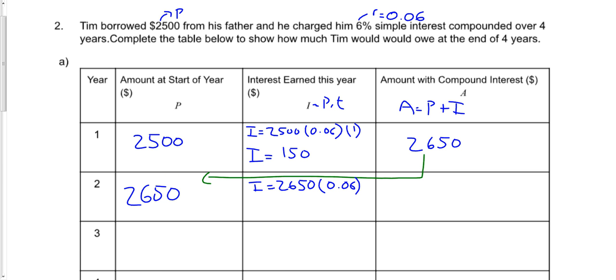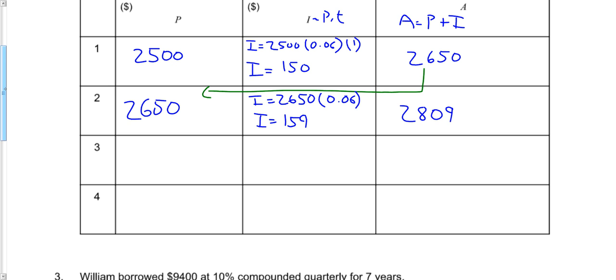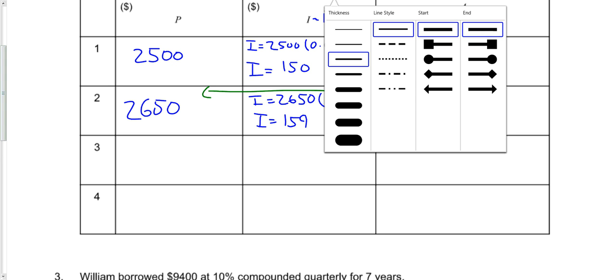So 2,650 times 0.06 is going to equal $159. And then the final amount is going to be 159 plus the 2,650, so 2,809.